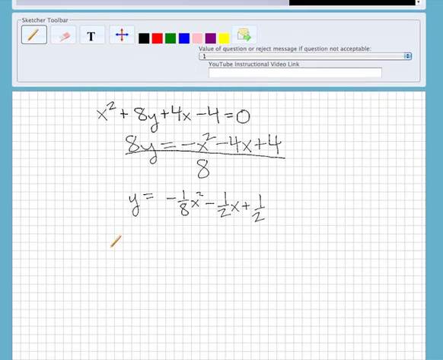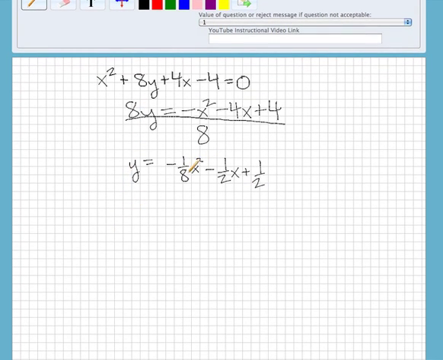Okay, so this is a parabola because we have an x squared function here. So what we want to do is find the vertex. The equation for the vertex of a parabola is negative b over 2a. So here's a, which is negative 1/8, b is negative 1/2, and then c is positive 1/2.